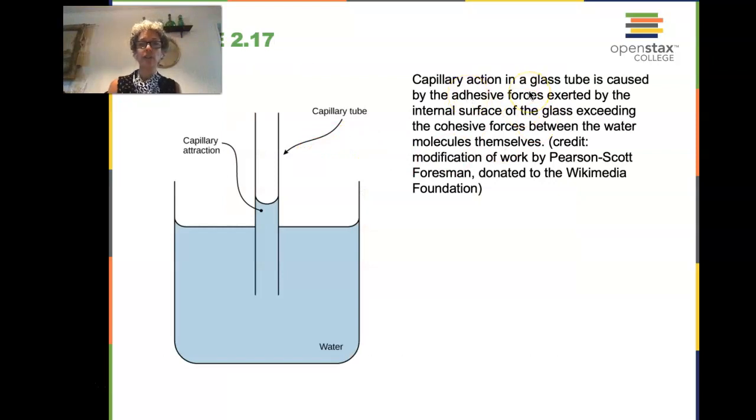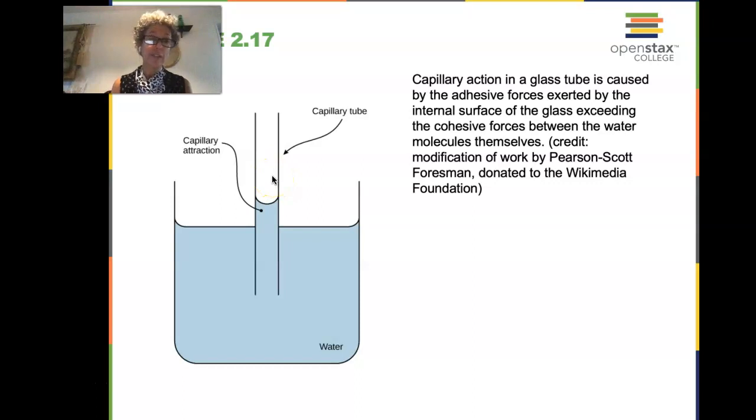Capillary action is when you put an empty tube, the adhesive forces by the internal surface of the glass are exceeding those cohesive forces between the water molecules, and they get drawn up. It's not going to go all the way to the top, but it does go part way up the tube.